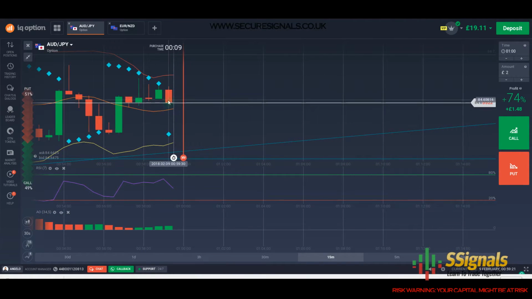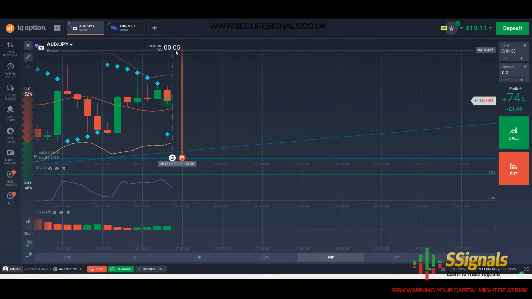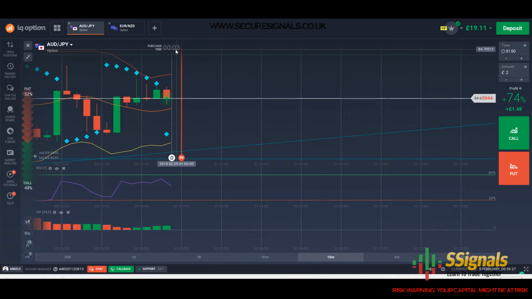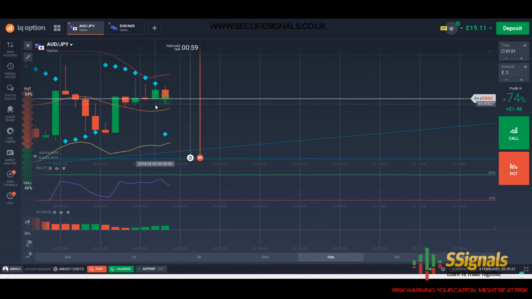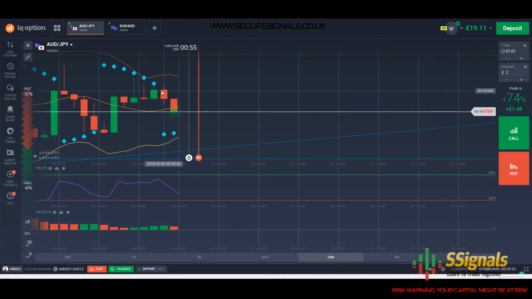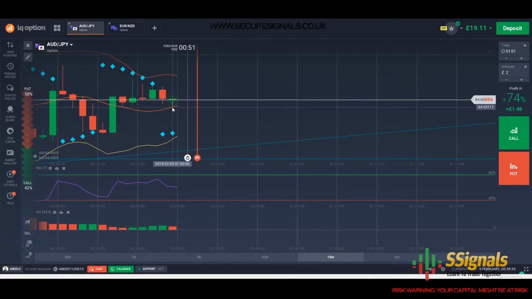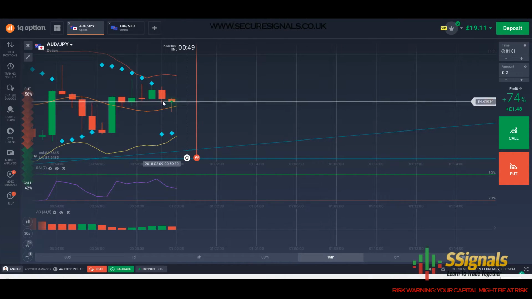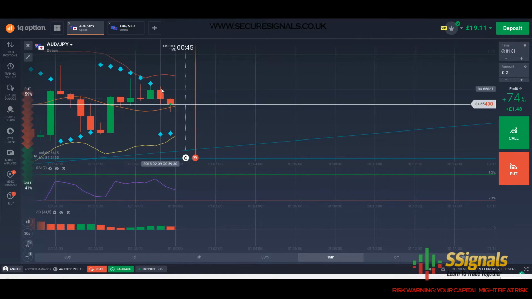Okay guys, so do not enter a trade here, but as you can see here on the 30-second chart, the red one showed a big significant rejection here, but the candle was still red, so there was still a very big bearish opportunity. However, because of this rejection, I would have maybe considered a call, but I would never consider a put here.